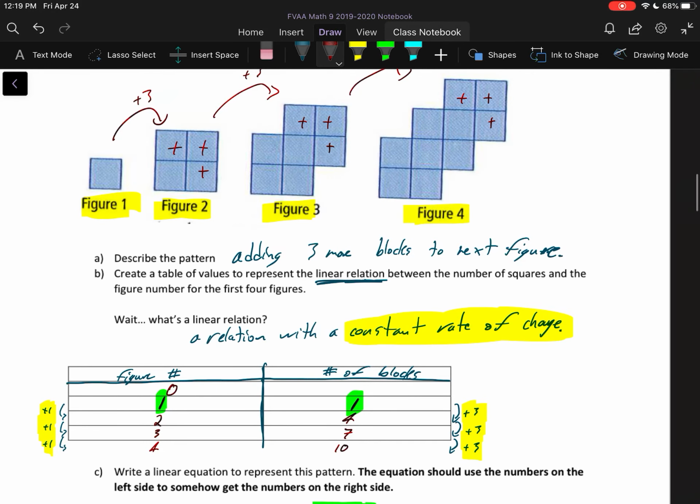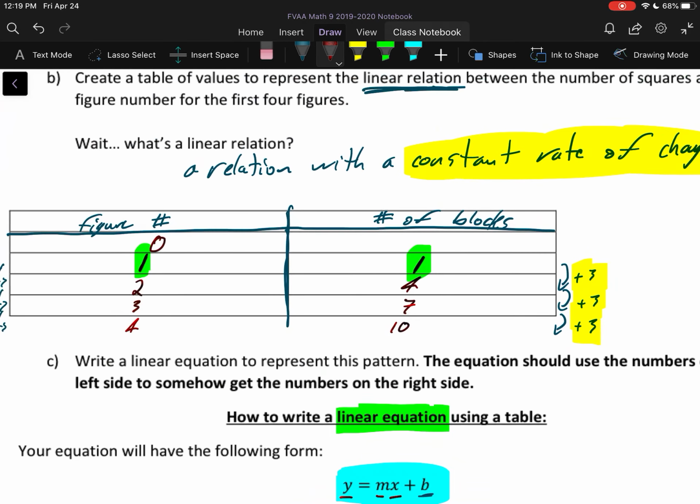So if I were to write 0 here, which is 1 less than 1, how many blocks would I have at figure number 0? Now you have to think theoretically and not concretely. Obviously, I can't have less than 0 blocks. But mathematically, I can conceptualize -2 blocks, because I know that it should have 3 less than the previous one.